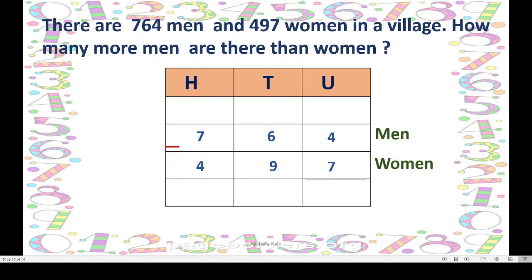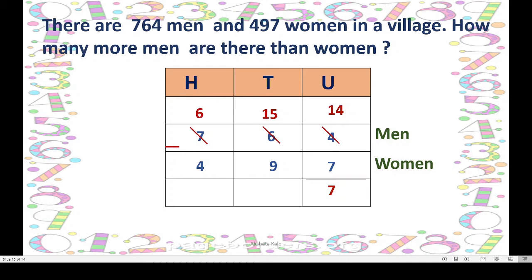So 4 borrows from 6 and it becomes 14. And 6 tens becomes 5 tens. Right? Okay, now 14 minus 7 is 7. And here 15. 5 minus 9 is not possible. So again it asks for 7. It becomes 6 and here it becomes 15.